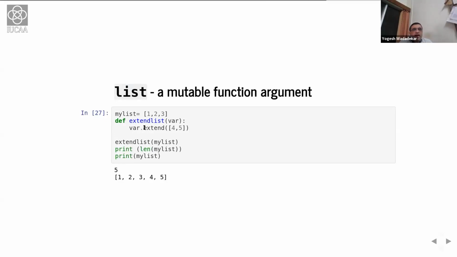So let's say we have a list, which is of course a mutable function argument. I define my list as 1, 2, 3, and I want to extend my list. In order to extend the list, I define a function called extend list, and it takes one argument, which presumably is a list of objects that you want to use to extend your existing list.